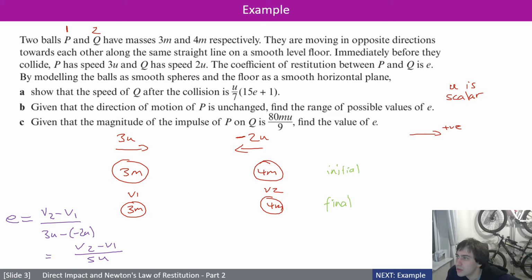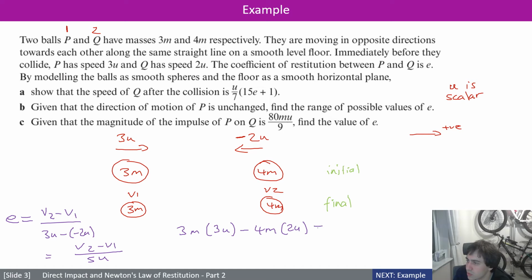And then conservation of momentum tells us that 3m times 3u plus, well, let's already put the minus there, minus 4m lots of 2u. So I just took that minus from minus 2u and put it here.